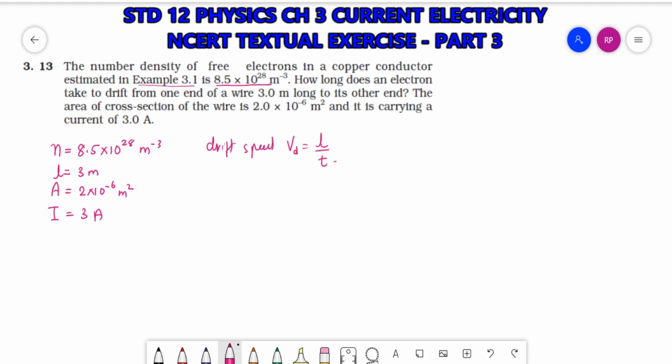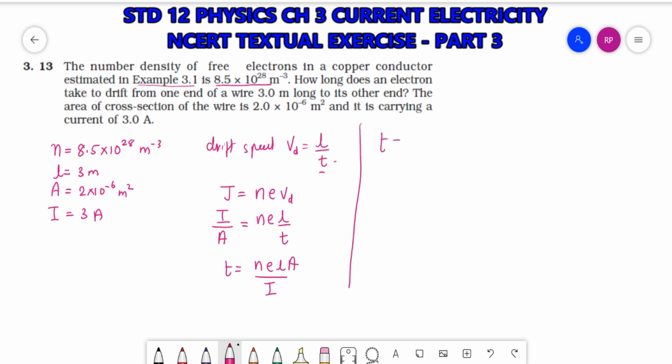Now the relation between current density and drift velocity: J equal to n e Vd. J is I by A, which is equal to n e times Vd, and Vd is L by T. We need to find the time, so T is equal to n e L A upon I.